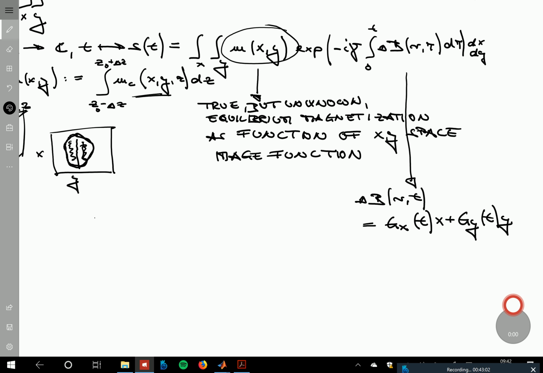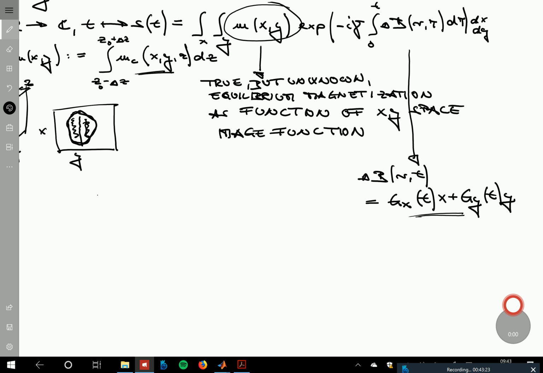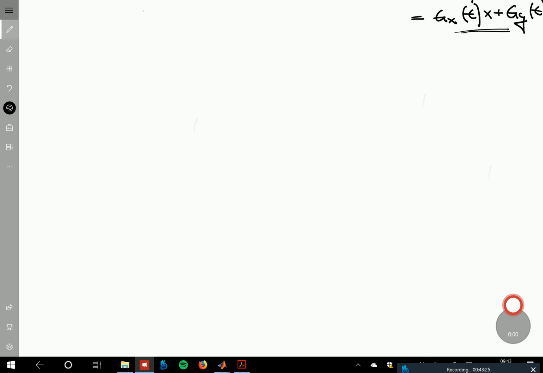Or you can also, if you are not happy with integrating the z out, just think this is for a very, very thin slice in the z direction. So we only look at x and y gradients, and use the linear gradient forms that we established previously, and then we get the following.